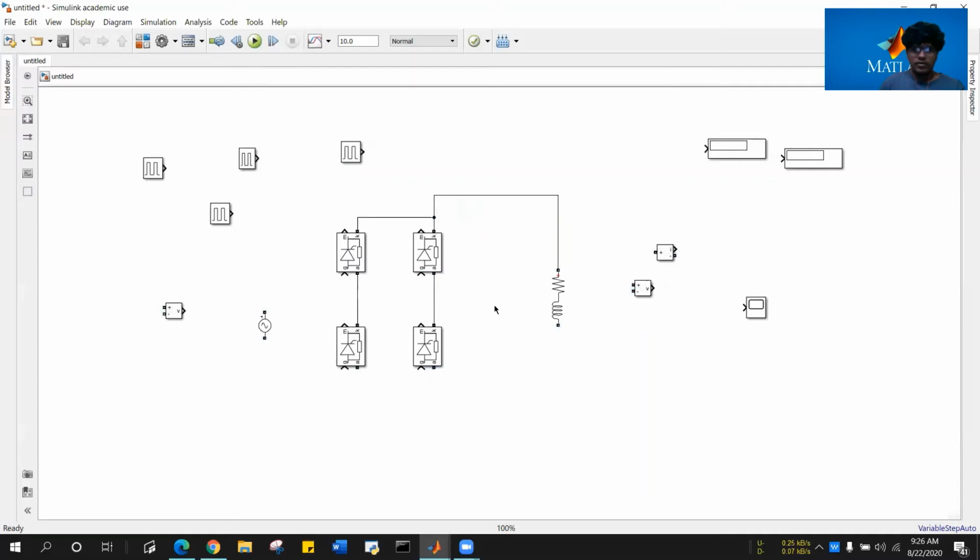The connections are pretty much the same as what we did in the previous experiment. I forgot to connect the current measurement. Yes, as I was saying, the connections are pretty much the same here.